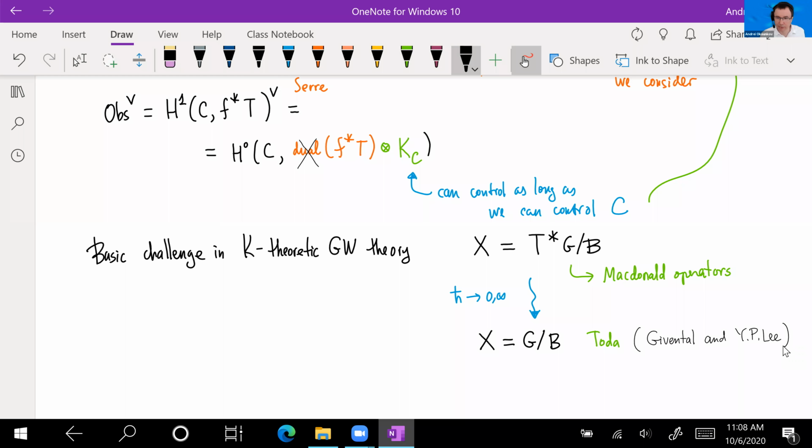So this is a long time ago, but the flavor of these two theories is very different. One can talk about that more, but for spaces like G/B, the space of curves in G/B is essentially a smooth space.